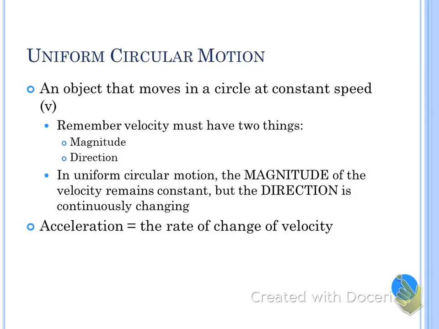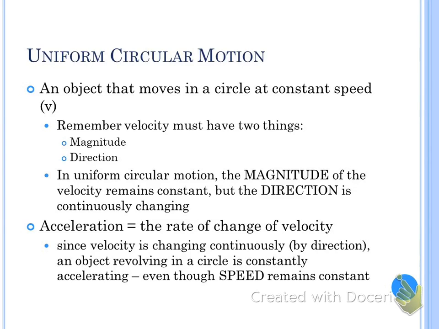So we've said we've got constant speed but not constant velocity. And we know acceleration is the change in velocity. So we're going to give it a different name here, but it's still acceleration. So since our velocity is changing by direction only, it's still changing, we have an object that is constantly accelerating.